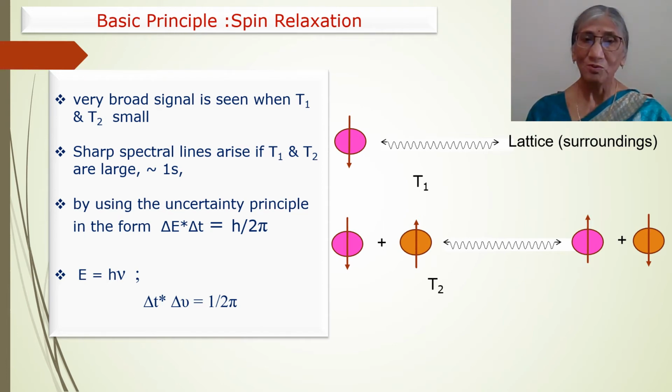So from this equation it is very clear that if the relaxation time is large, delta nu will be small, that is the signal will be sharp, and if delta T is small, then delta nu will be large, that is the signal will be broad.